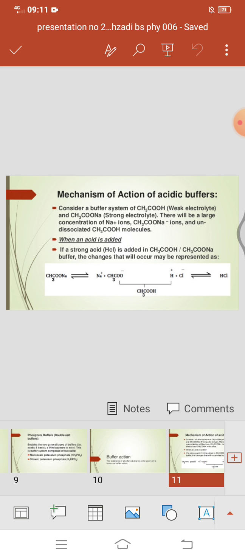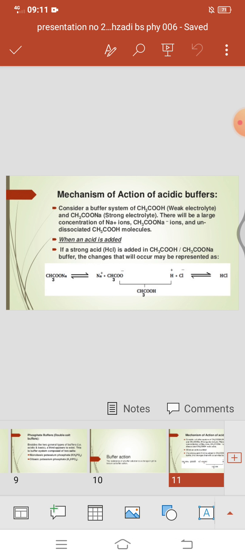When an acid is added, if a strong acid HCl is added to the CH3COOH, CH3COONa buffer, the change that will occur may be represented as CH3COONa giving Na positive plus CH3COO negative.